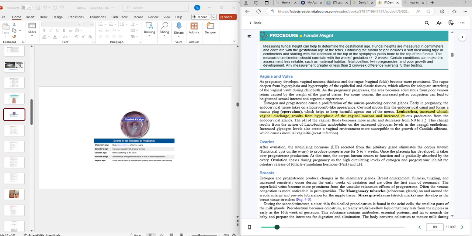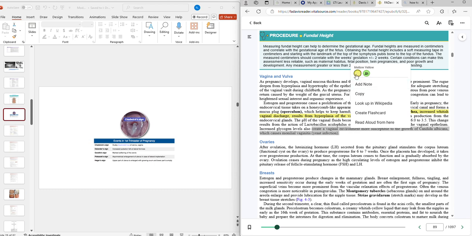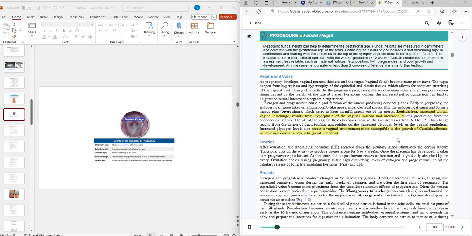Your vaginal environment is very susceptible to Candida albicans, so the yeast infection. It creates an environment where yeast like to grow: warm, wet, dark places, okay? Wink and lollipop.